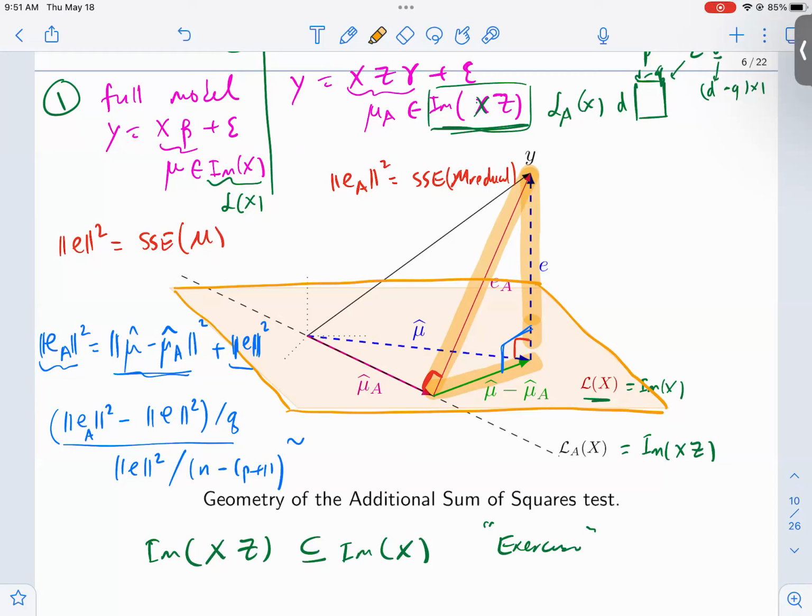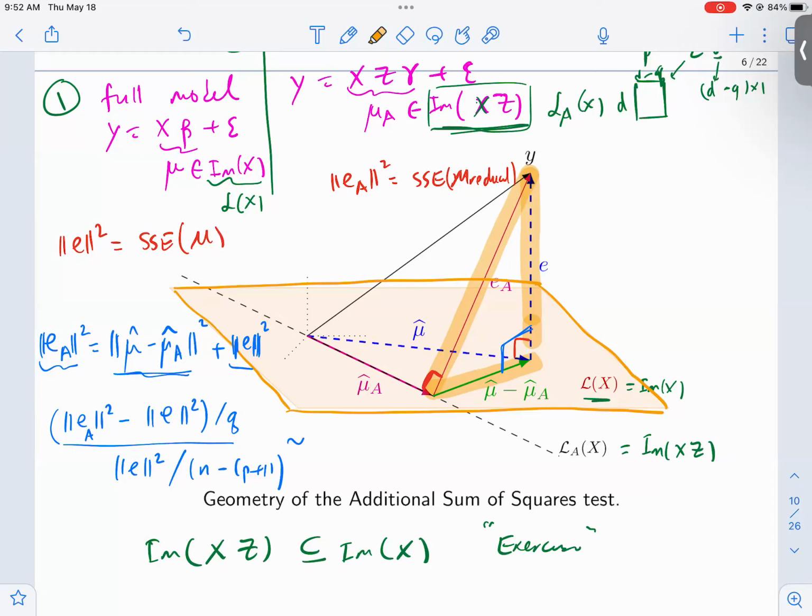For the second model, I'm going to project Y onto its own subspace, which is the image of XZ. So I get what we call mu hat A. Again, not necessarily a good notation; A is that A matrix. Would that be XZ gamma? Not quite.